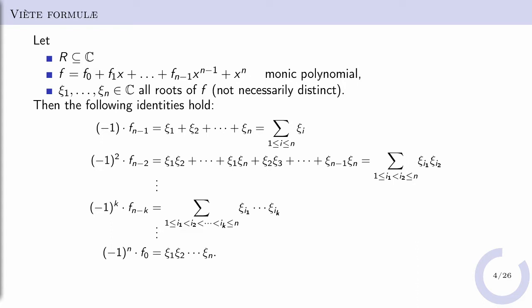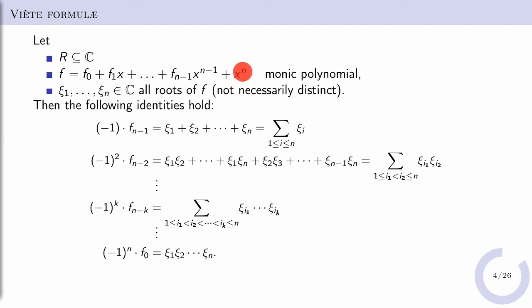Viète's formula says that we can express the coefficients of a polynomial using just sums of products of the roots of this polynomial. The first version which I present here is for monic polynomials.